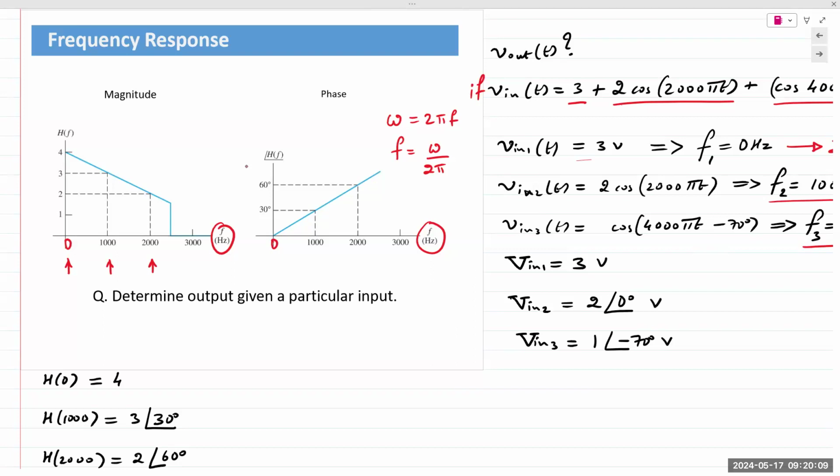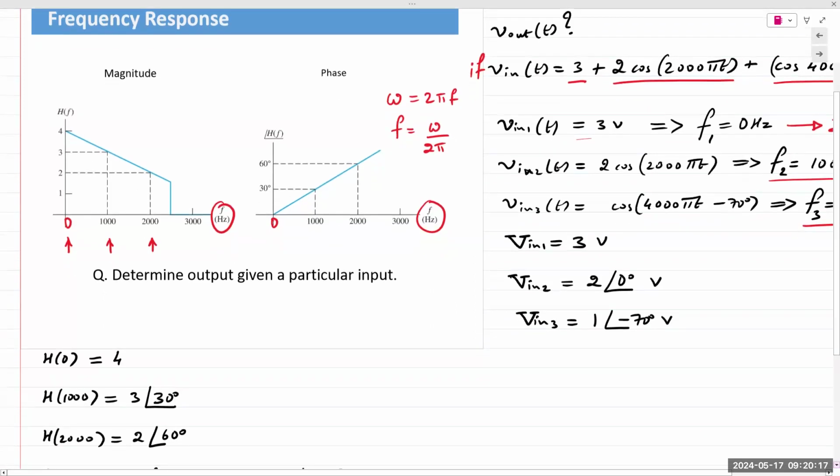F1 is 0, F2 is 1000, F3 is 2000. So we want to write 3 values: H of 0, H of 1000, H of 2000. The value of the transfer function at F1, F2, and F3. Make sense?